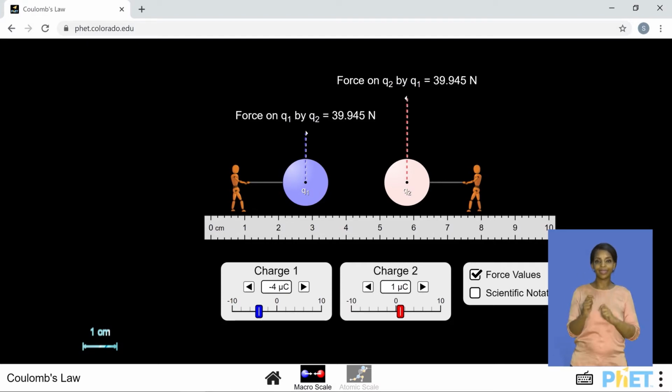So that's the magnitude. And what you also need to realize is that the force exerted on Q1 by Q2 is equal in magnitude to the force exerted on Q2 by Q1, but their direction is opposite, right? So in this case, the magnitude of the force that we need to complete our table is 39.9, right?